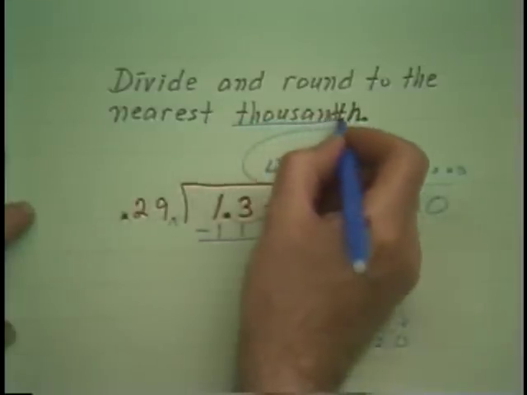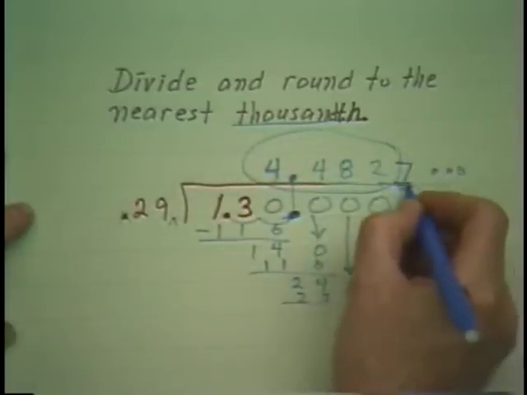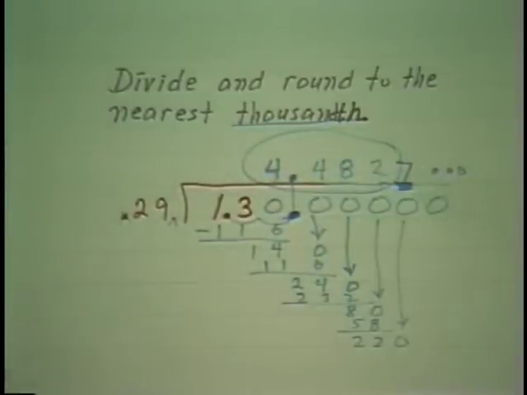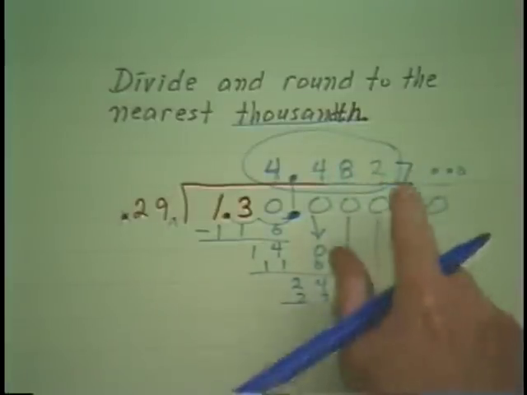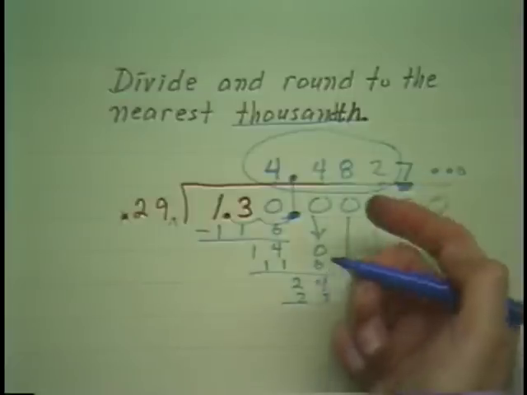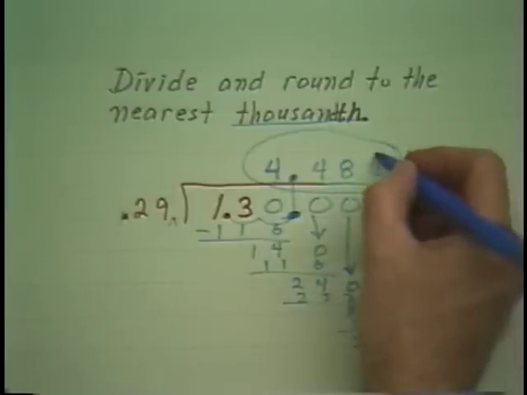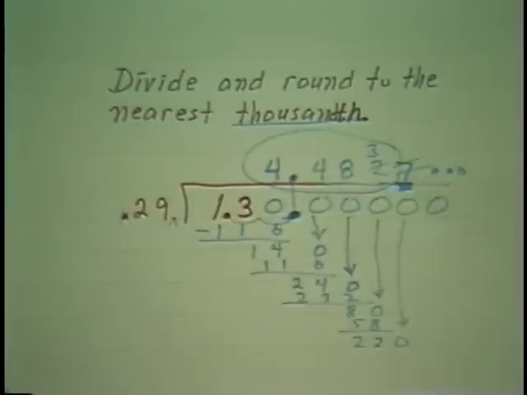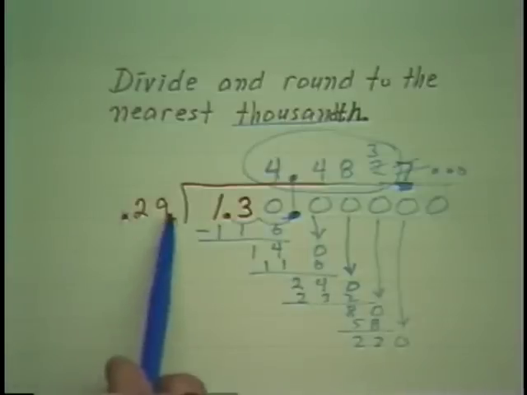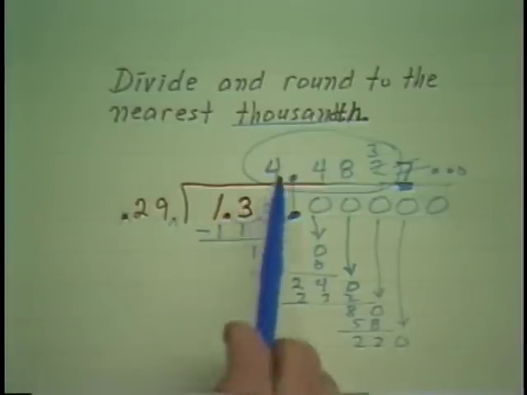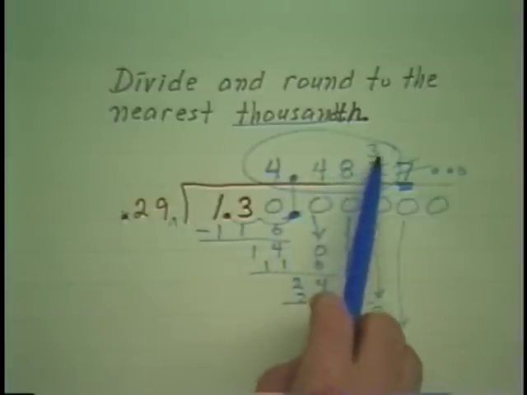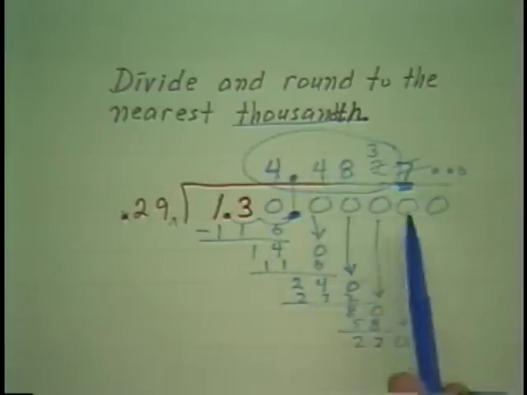Wherever we want you to round, go one place further, because that digit will tell us whether to round up or down. And since that's 5 or more, we round up, which makes that 3. So we can say 0.29 goes into 1.3 about 4.483, accurate to the nearest thousandth.